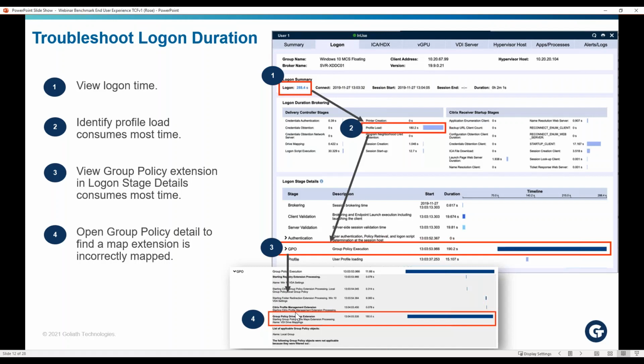The team was able to take the data that we were providing, immediately recognize where they could make the improvements, and they were able to cut down on their logon times for certain users by over 40% because of a combination of the benchmarking data, understanding where they were having performance issues, and then the deep end user experience metrics within the console to be able to pinpoint exactly where within each individual user session those potential issues could have been.